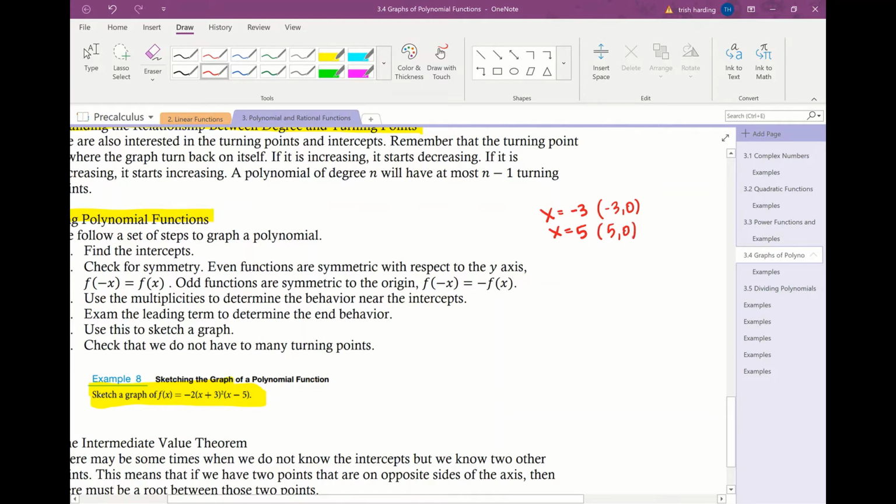Now for the y-intercept, I just set x equal to 0. So we get 0. So it'll cross at (0, 0).